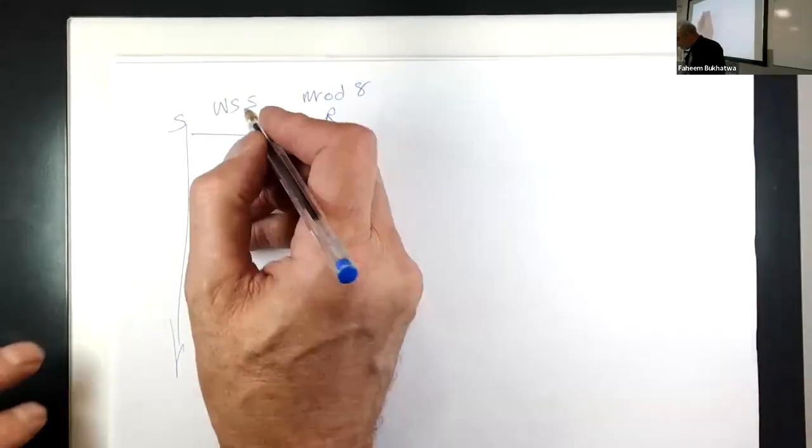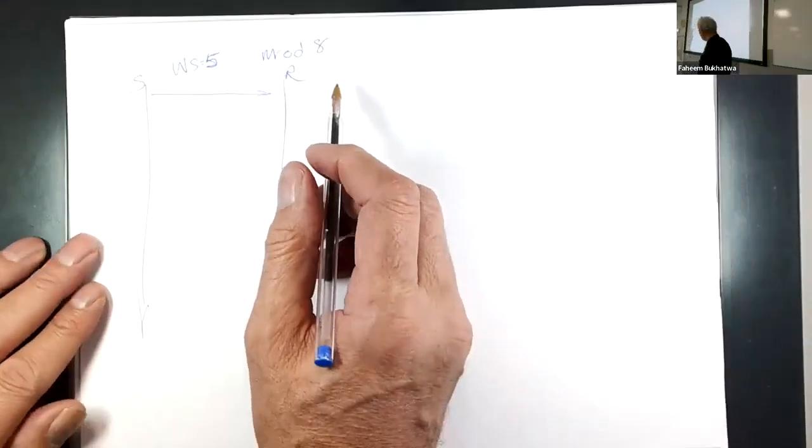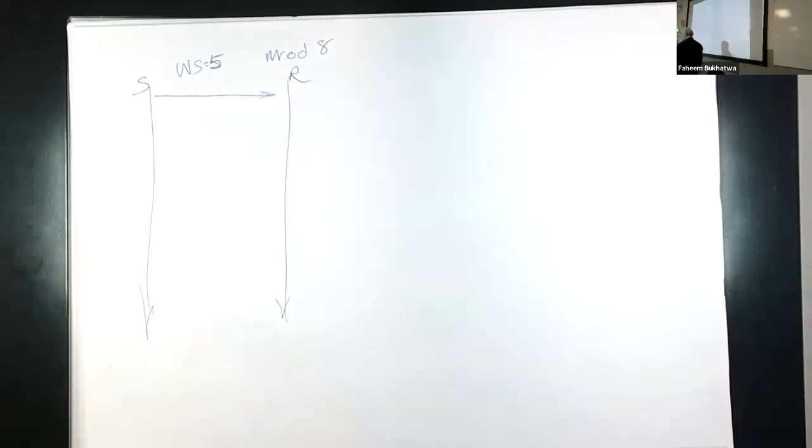Now, window size equals 5, and modulo is 8. What does the window size mean? Frame, yes, that's the first word. What is it? The maximum.